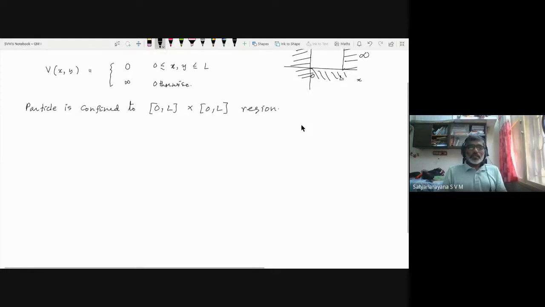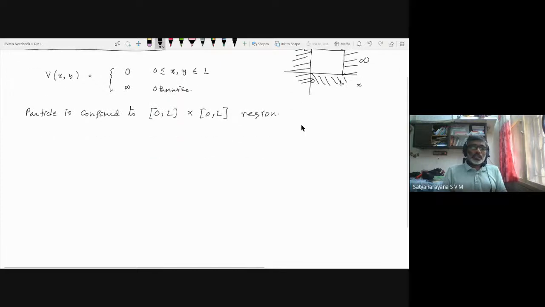Now you can see that if you write down the Schrodinger equation, we use it in the following fashion.